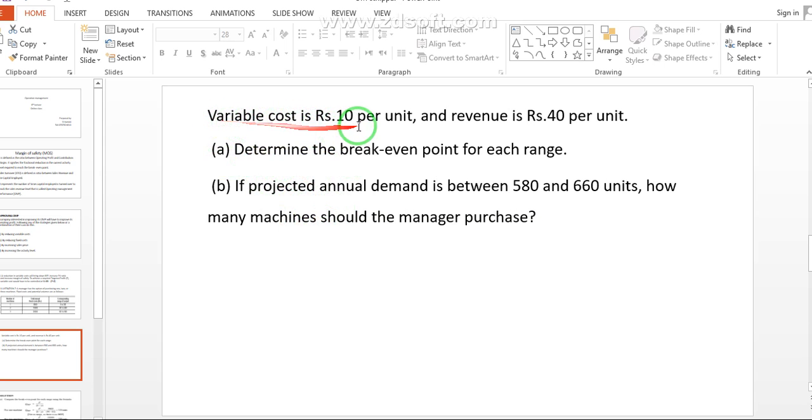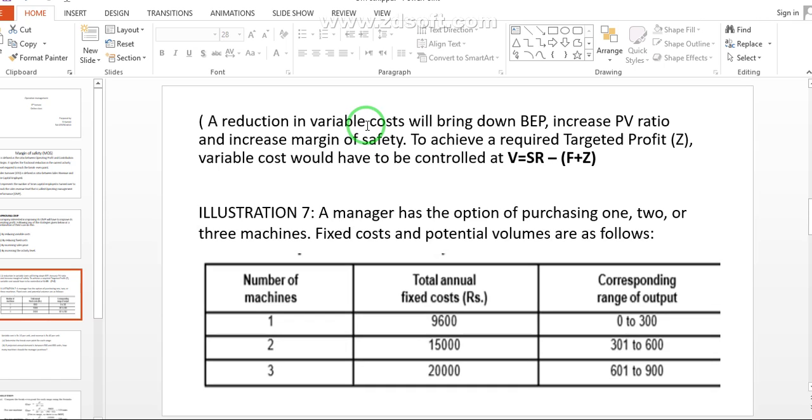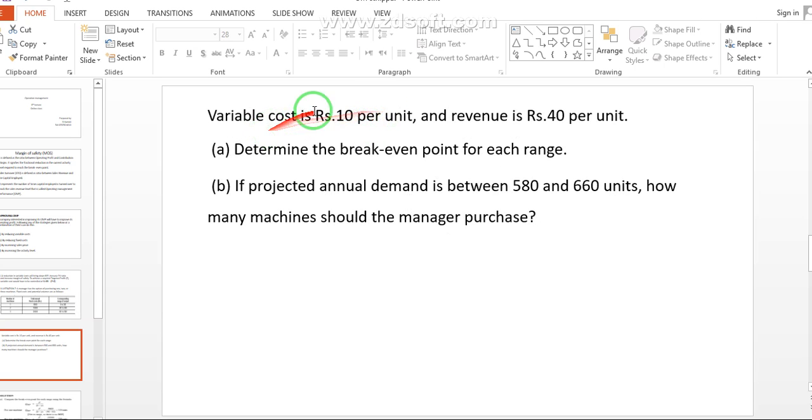They have given the table for the solution of this problem, and they have added that the variable cost is 10 and the revenue is 40. Now what do they want?